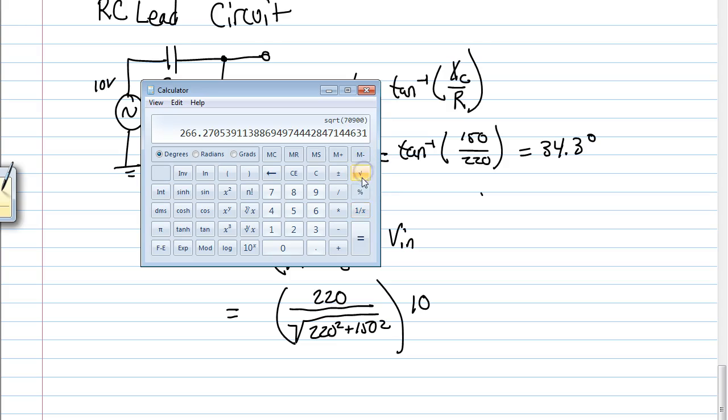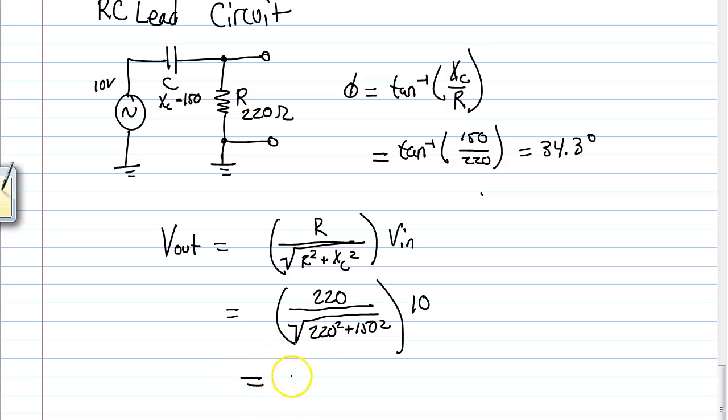Take the square root of that. Alright, and then I'm going to invert it and multiply it by 220, which should be the same thing as taking 220 and dividing it by that. Alright, and then I'll multiply it by 10. And it's 8.26 volts. Any questions about that? 8.26 volts is the correct answer.